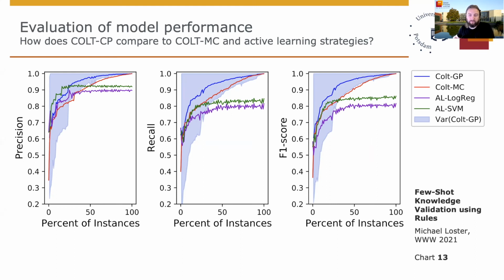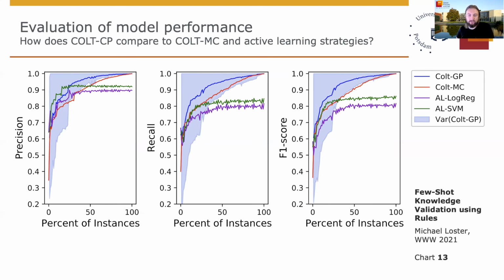While COLD-MC performs better than the traditional active learning approaches, it shows slower growth than COLD-GP and has a near linear growth between 12% and 100% of the training data in the F-score plot. In contrast, COLD-GP outperforms all competing approaches in all performance metrics and exhibits a faster growth rate than COLD-MC.